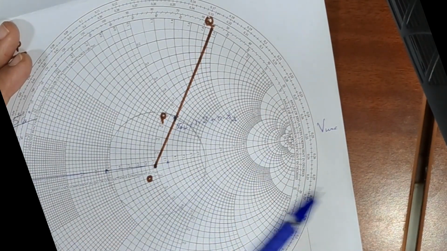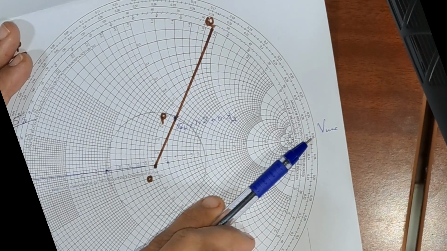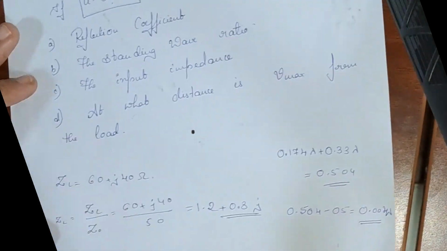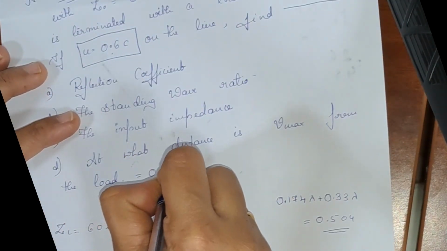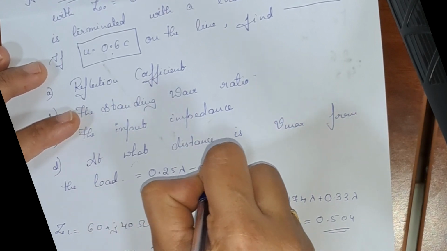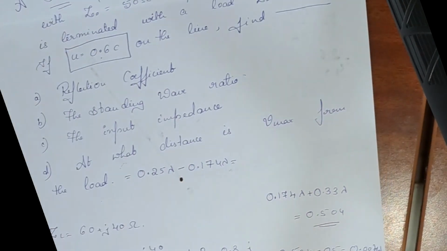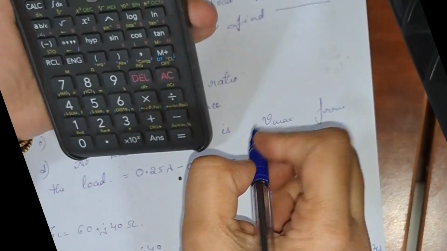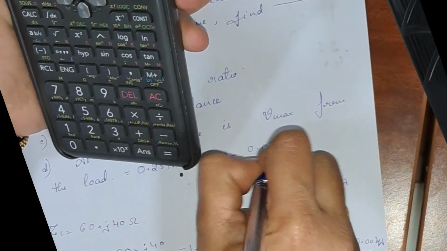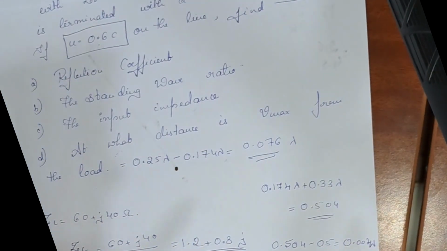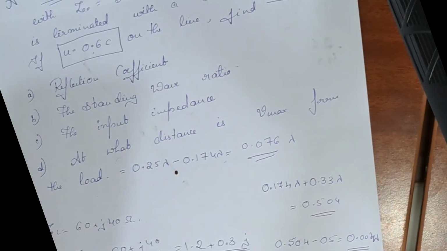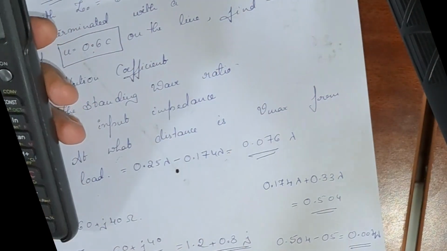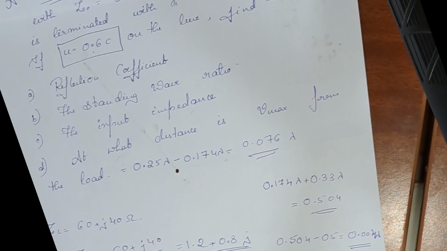Easy way: this is 0.25, and what we had earlier was 0.174. So it is at a distance of 0.25 lambda minus 0.174 lambda, which equals 0.076 lambda. If you want to write it in meters, multiply this with 90, that is your lambda value, so it is somewhere around 6.84 meter from the load.